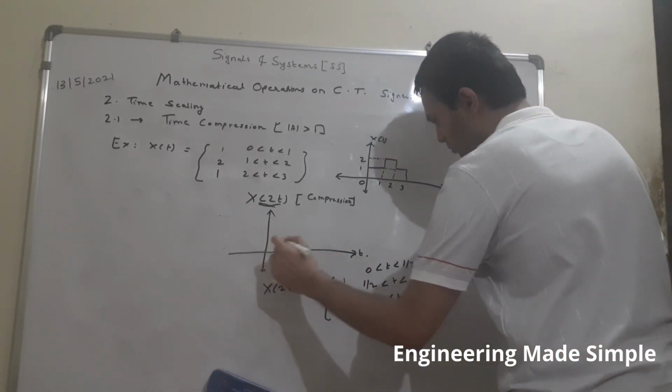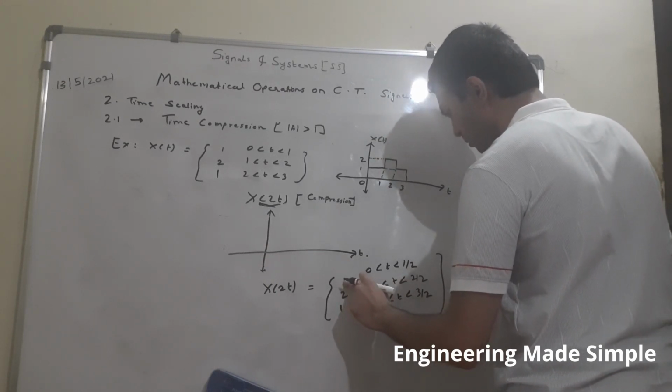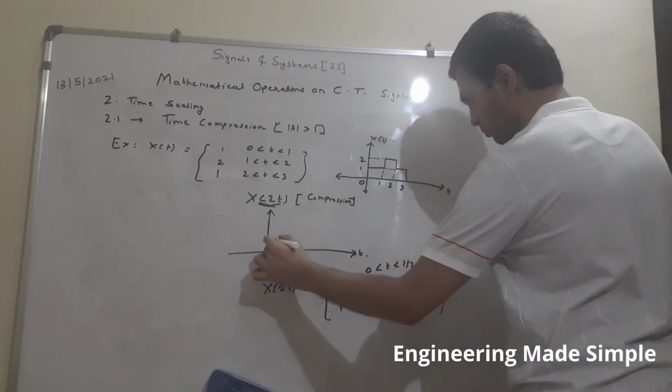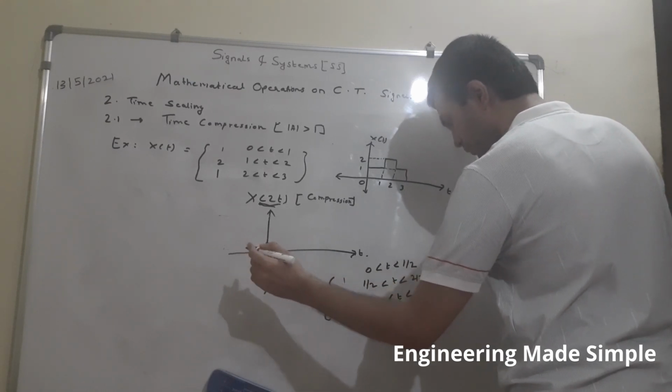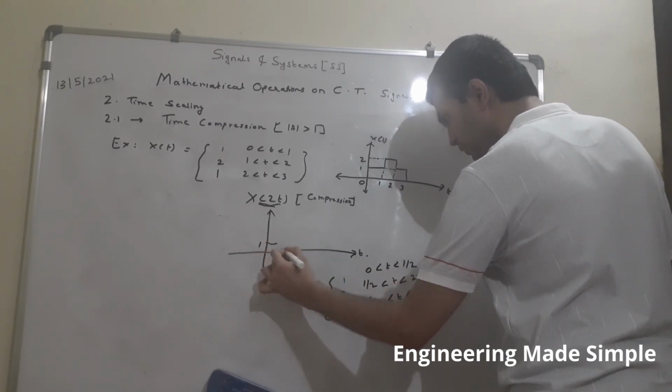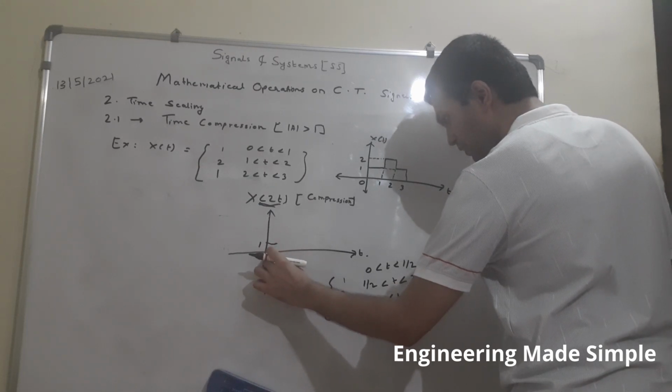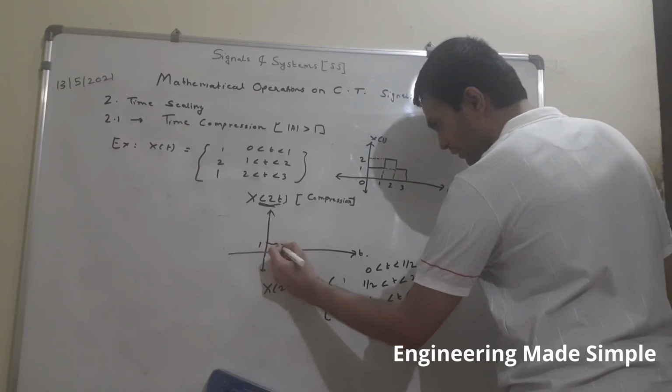Now let us see how this waveform will look. Its amplitude value is 1 between 0 to 1 by 2. So this is the 0 to 1 by 2 time interval, and its value is 1, but it is just getting compressed on the time axis.